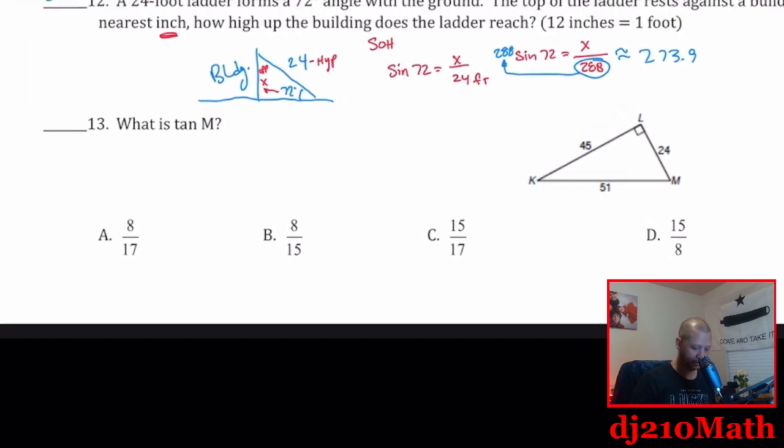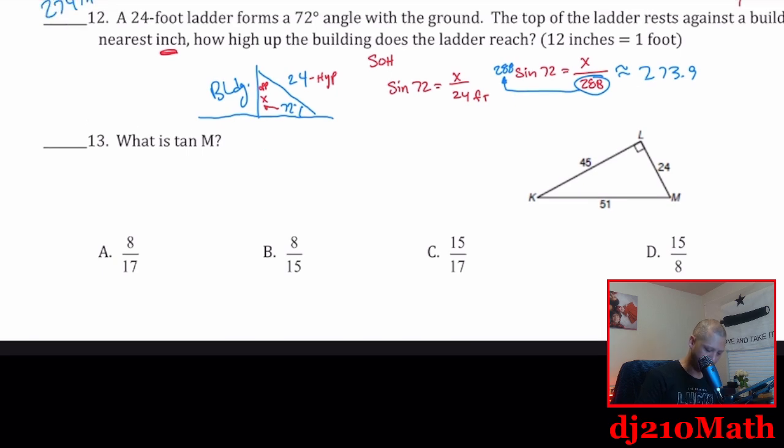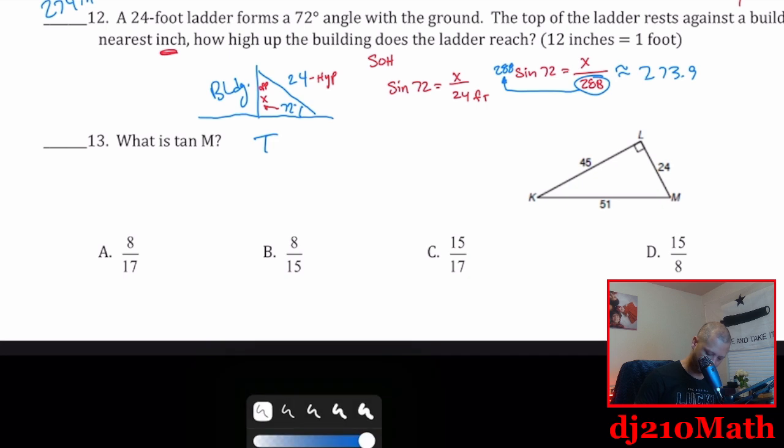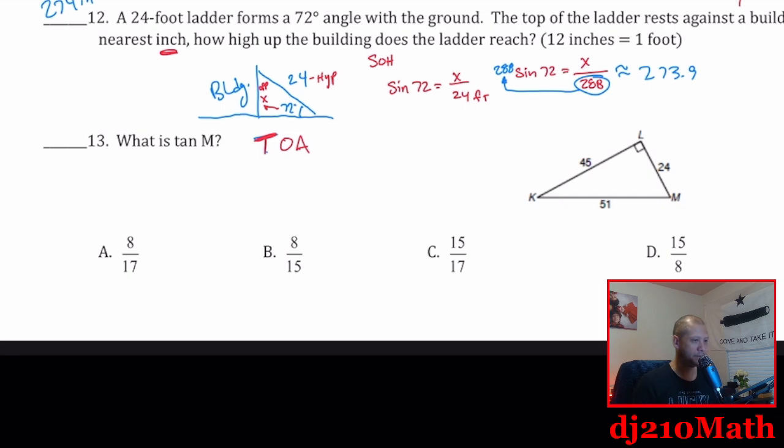All right, 13. What is tangent of M? Tangent is opposite over adjacent. So M opposite over adjacent. So 45 over 24. All right, this doesn't match any of our choices.